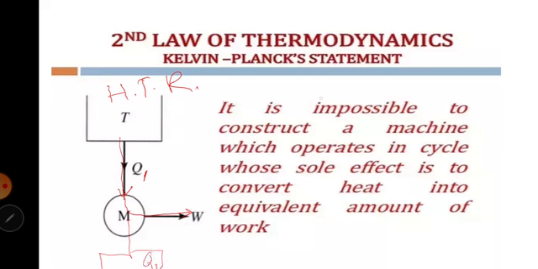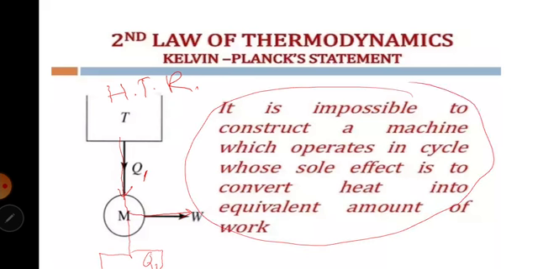So, according to this statement, it is impossible to construct an engine which takes heat from the HTR, the high temperature reservoir, and converts it completely into work without rejecting heat. So it is impossible. This is the Kelvin statement of the second law of thermodynamics.